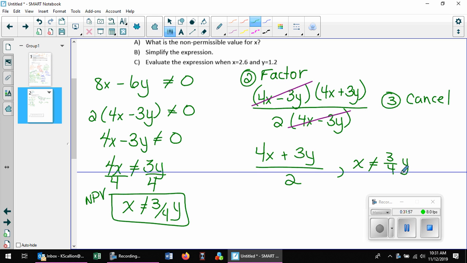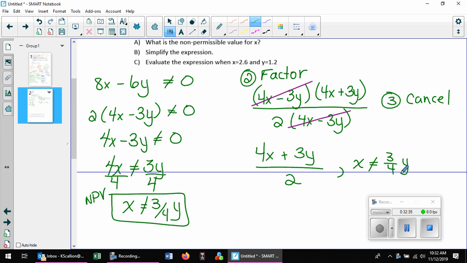This is just saying 2 times that. This would change it to 8x plus negative, or minus, 6y. If it had a square there, absolutely, one of those would still stay on the bottom. But I would never write anything as a square because in step 2, I have to factor everything. So I write all my factors so I don't screw that up, because that would be something I would do for sure. Okay, so the comma means where. So this is my simplified answer, where x cannot equal 3/4 of whatever the y value is.